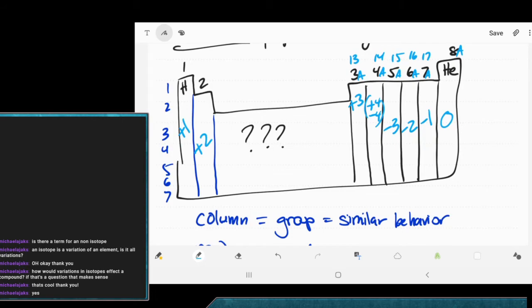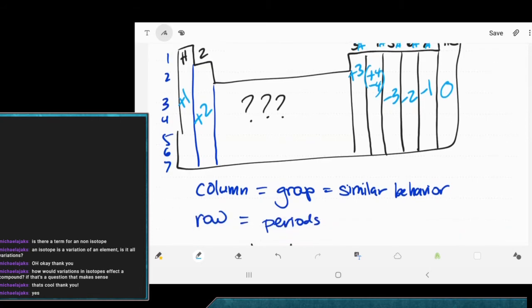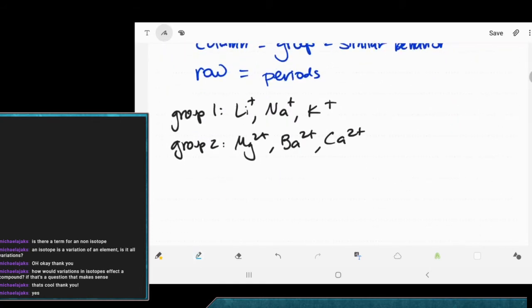One other exception that we have is hydrogen. Hydrogen is special because it can go either way. Hydrogen can go either +1 or -1. It's happy to do either one. So even though it is in group 1, it still does -1.